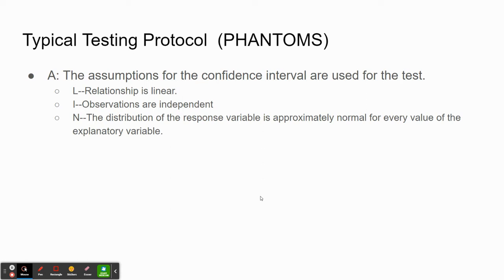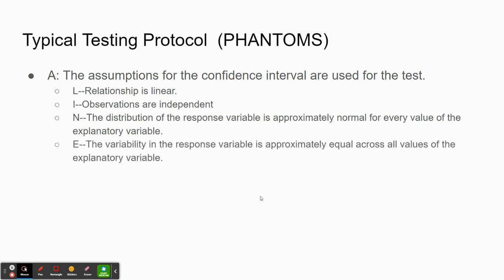If all the y's are normal at each value, some of the y's are above the regression line, some are below, but most mound up at the regression line, then those residuals should be about normal as well, with the most common residual being 0 or close to 0, and the least common ones further away. So if we make a histogram of the residuals, it should be approximately normal. Or if we make a stem and leaf plot, or a normal probability plot, we should get a line. The dots should fall on a line.